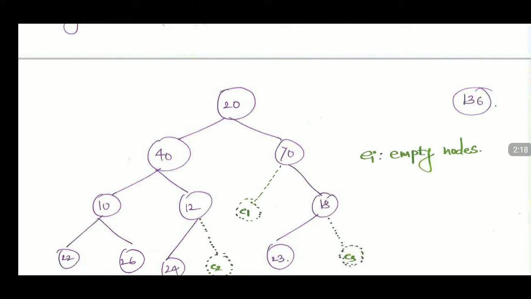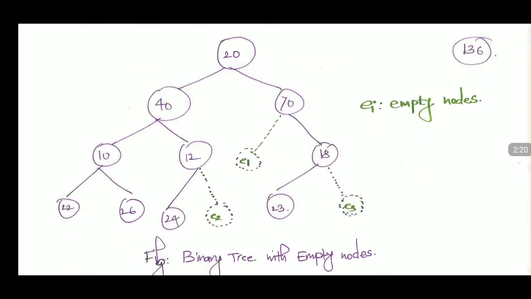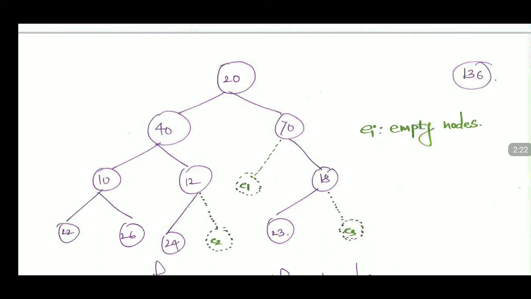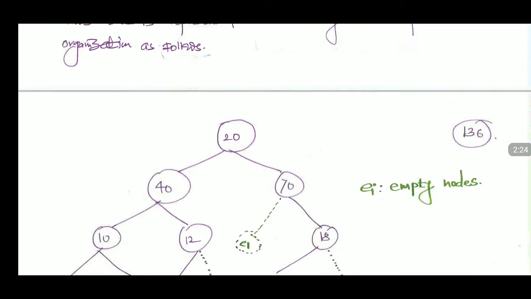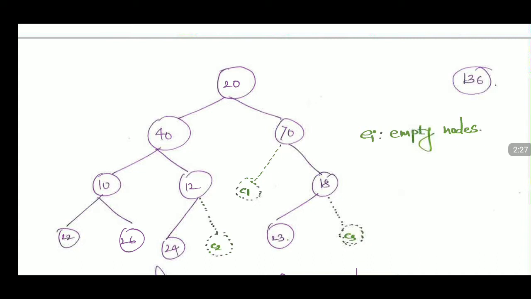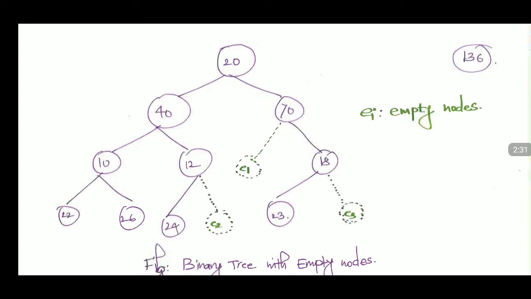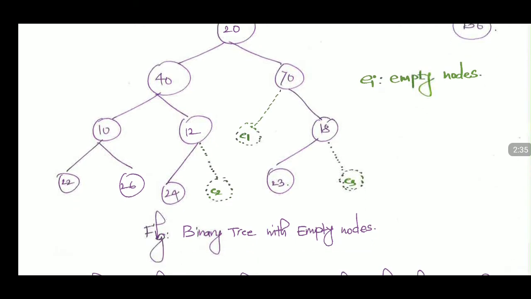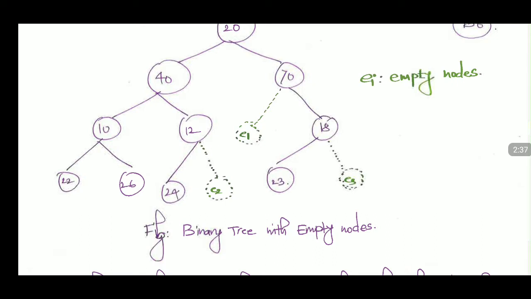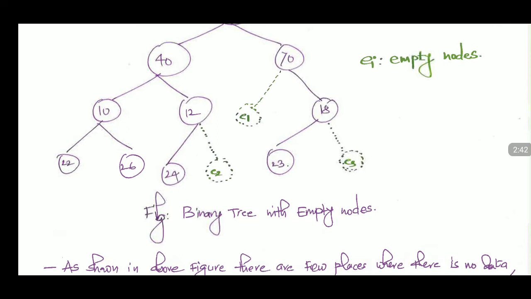If you look at this tree, it is clear that node 70 doesn't have a left child, node 12 doesn't have a right child. Similarly, the node with key 18 doesn't have a right child.